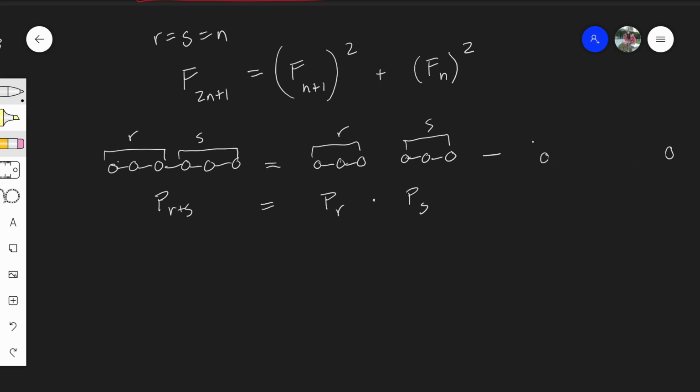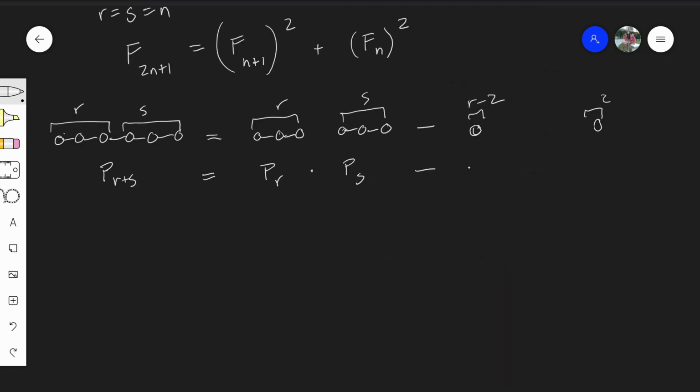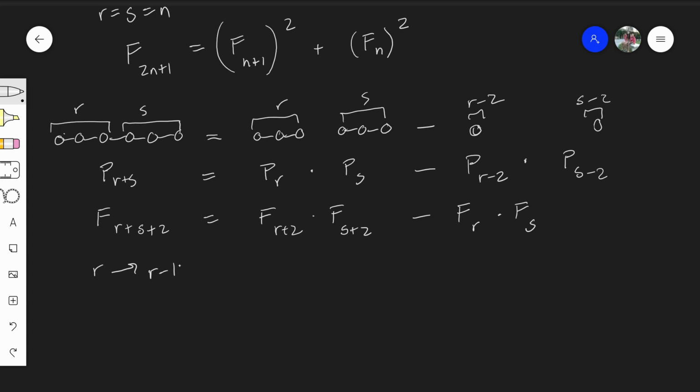That leaves us with a path graph of length R minus 2, because 2 vertices were subtracted from the R side, and a path graph of S minus 2 on the right side. This makes us subtract P sub R minus 2 times P sub S minus 2. Converting to Fibonacci, we have F sub R plus S plus 2 is equal to F sub R plus 2 times F sub S plus 2 minus F sub R times F sub S. And then let's say R is substituted for R minus 1 and S is substituted for S minus 1.